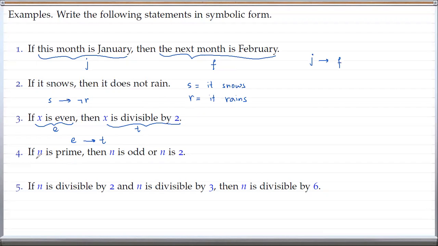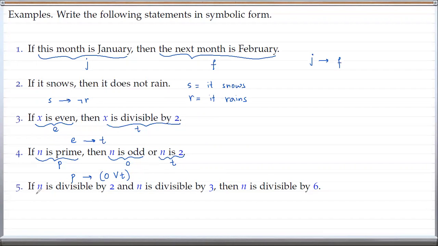In this case, I can let the statement N is prime be P, I can denote the statement N is odd by O, and I can denote the statement N is 2 by T. Then we have P implies O or T. So O or T, I can write like that.